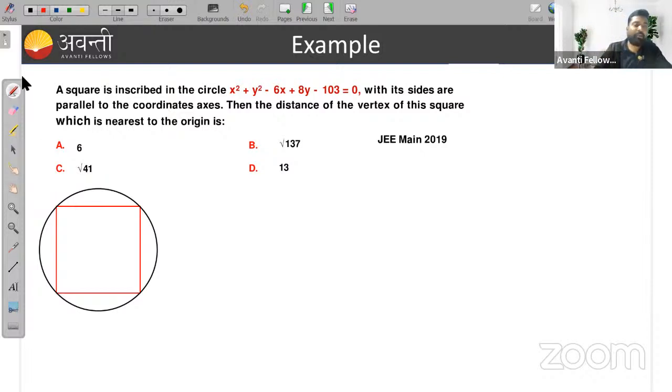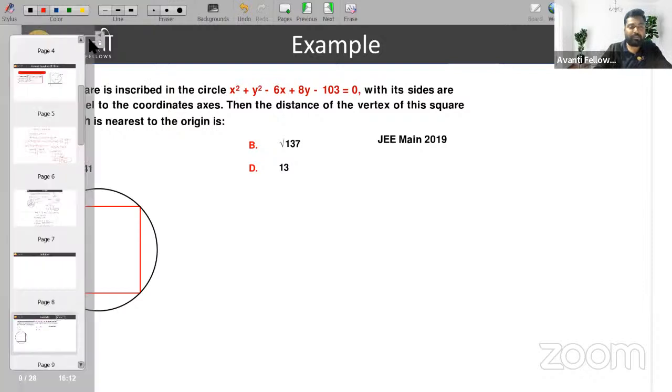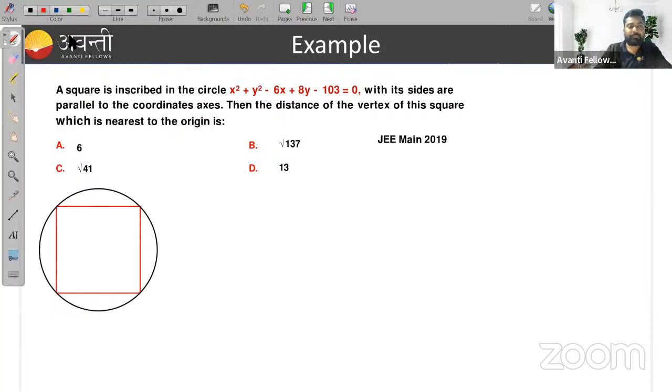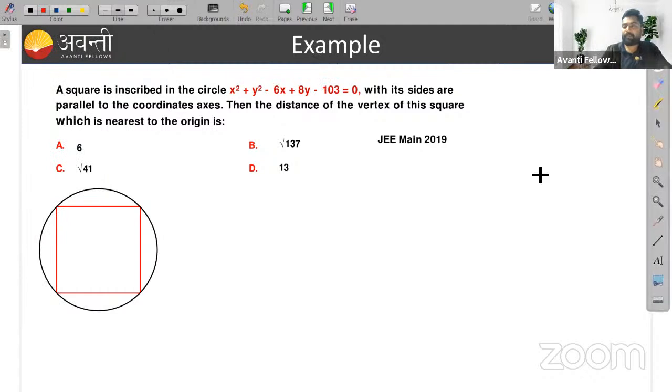Clear? And it is given that you have a circle also, guys. If you have a circle, then you also have the radius and center. Suppose all the sides of the square are parallel to the coordinate axes, like that only.